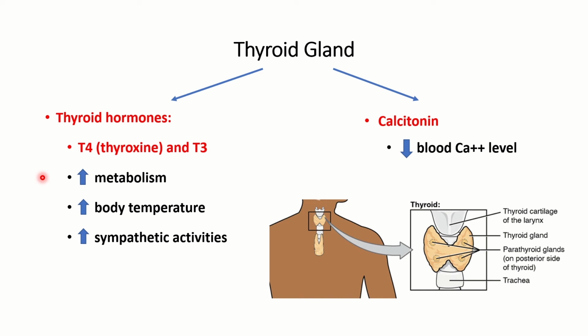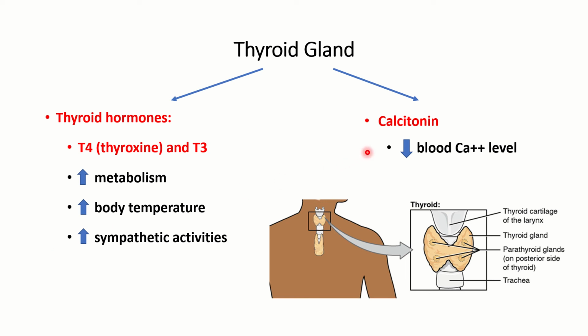When the metabolism is slow, thyroid hormone is released, increasing body temperature by increasing production of ATP and increasing breathing, and also production of red blood cells. So the body temperature increases, so it brings more oxygen to the cells. And then sympathetic activities are increased, so the heart contraction, blood pressure and heart rate are increased.